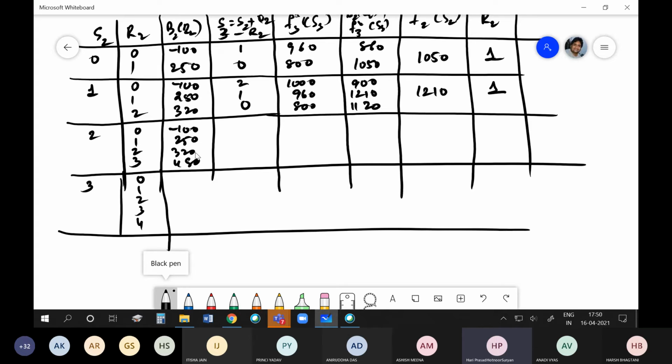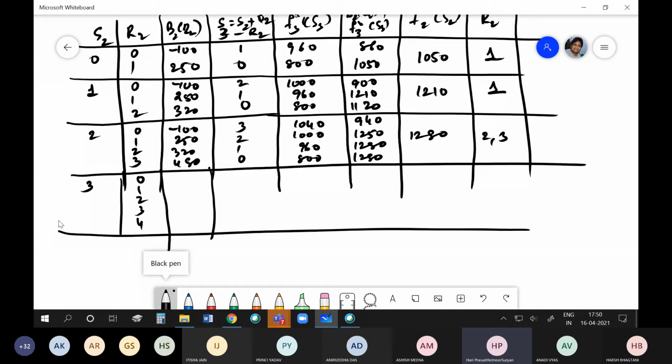Then 3, 2, 1, 0: 1040, 1000, 960, 800. The total is 940, 1250, 1280, 1280. So 1280, 2 and 3, because we are getting 2 and 3.